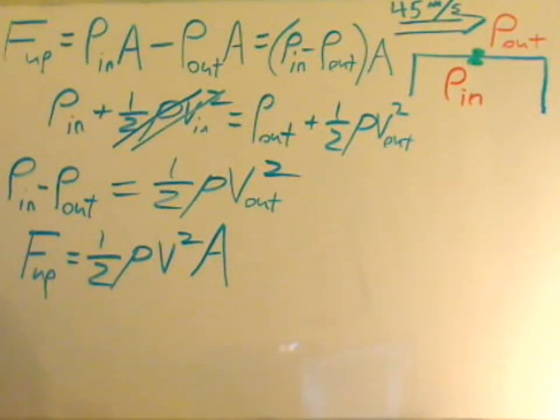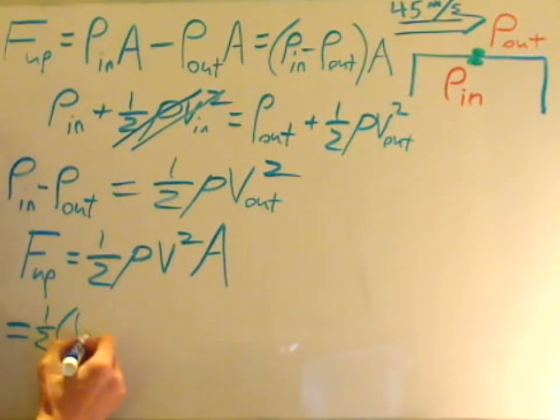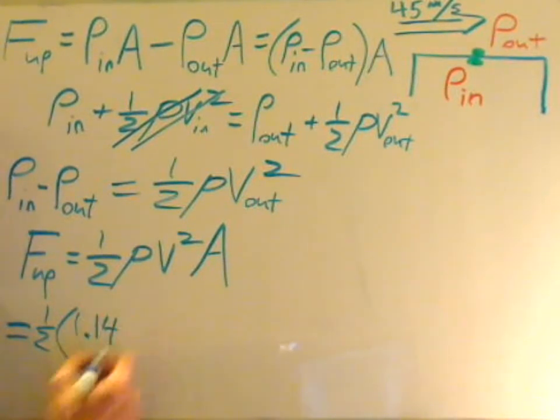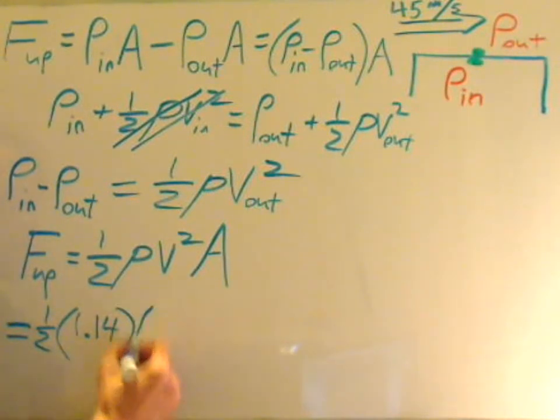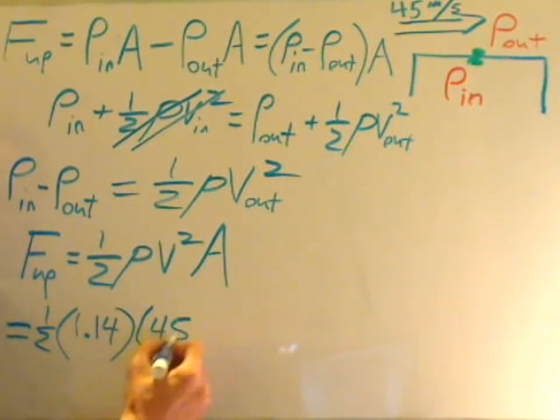We can start plugging in this information now. So this is 1/2. The density of air, we're told, at the elevation of Colorado is 1.14. The velocity, we're told, is 45 meters per second, and I'm just dropping the units here.